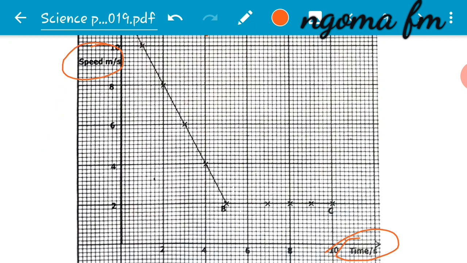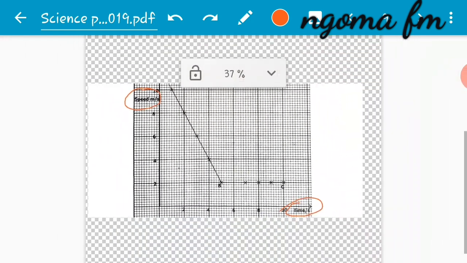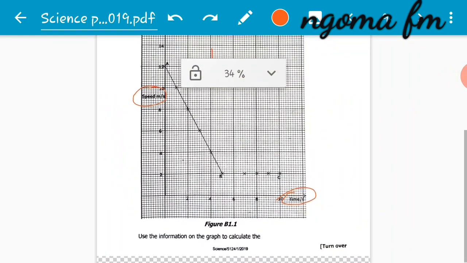So let's now look at the question itself.